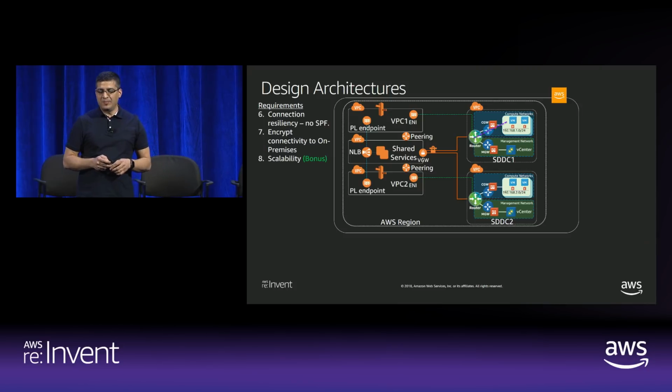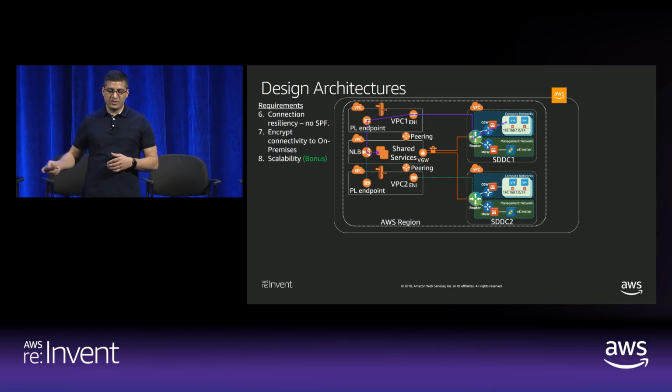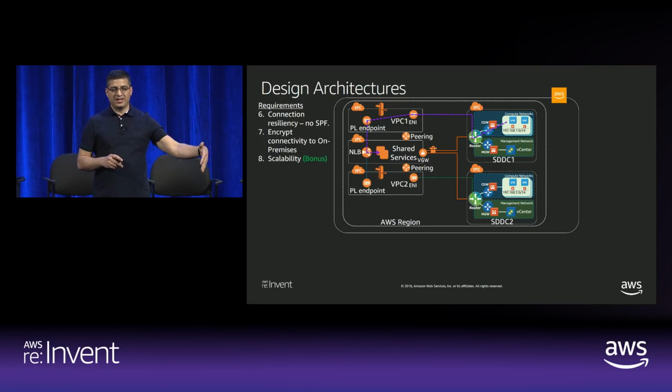When I access these services now, my traffic from my VMware VMs will go through the VMware ENI, through the PrivateLink endpoint, the network load balancer, and my service instances. With this model, I no longer need VPN connections.